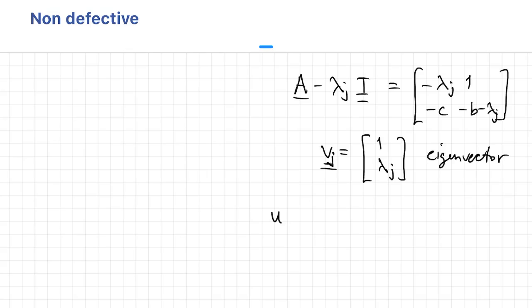In system terms, the general solution is a combination of e to the lambda 1t times v1 and e to the lambda 2t times v2.